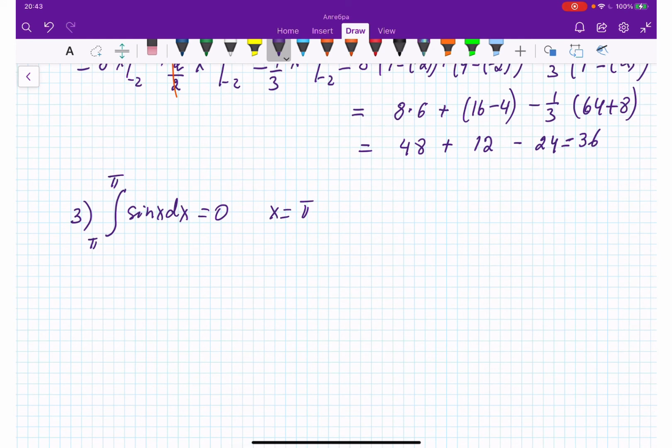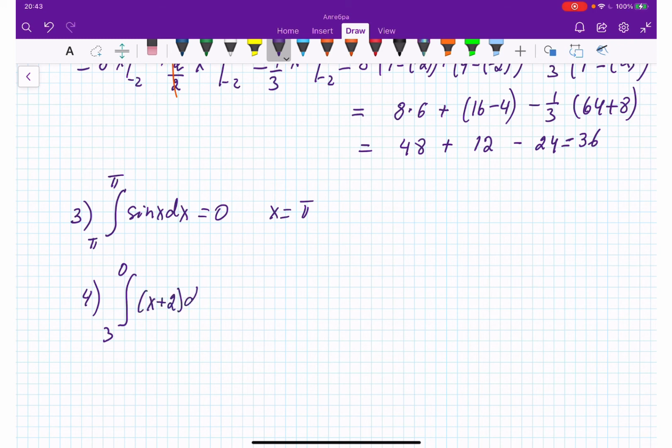Next one, number 4. Let's assume we have the integral from 3 to 0. As you can see, the bigger number is sitting as the upper limit, so we are going to flip it, right?